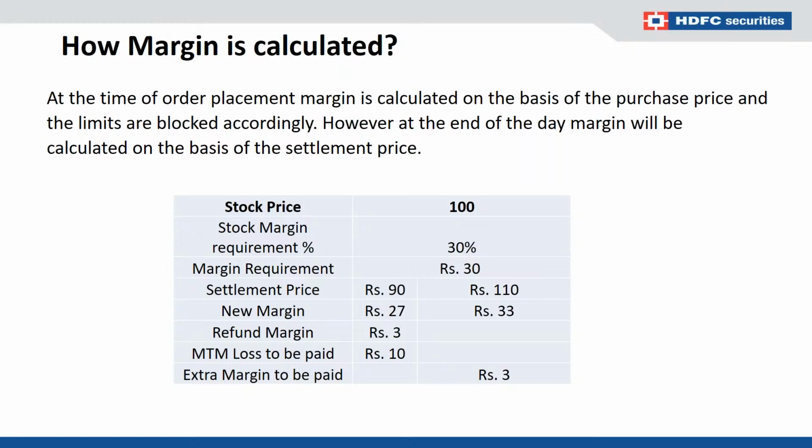But at the same time, when the market went down from 100 to 90, there was an MTM loss as well. So we will recover that MTM loss of 10 rupees, which will be debited from the customer's bank account.